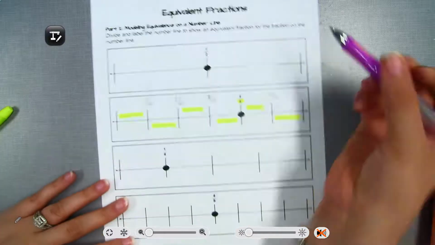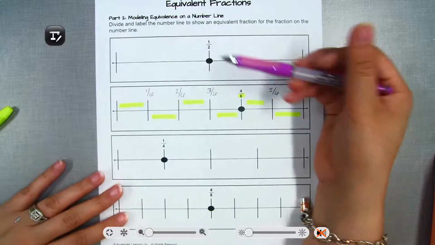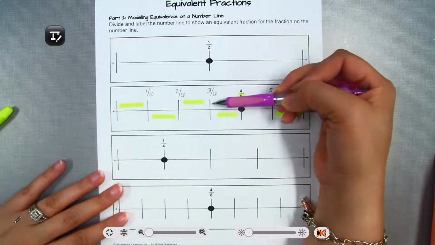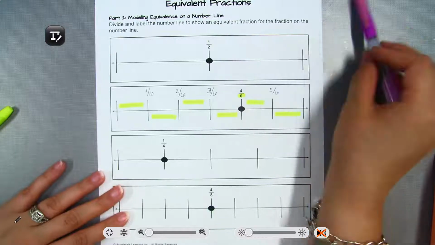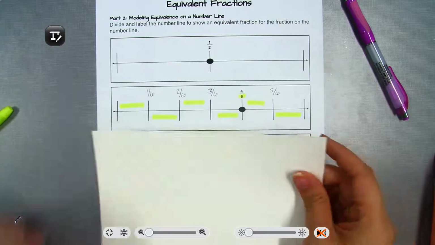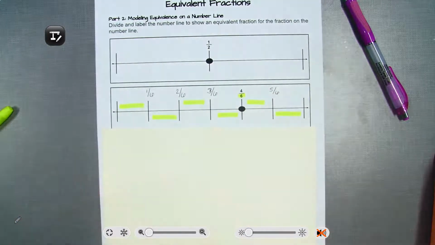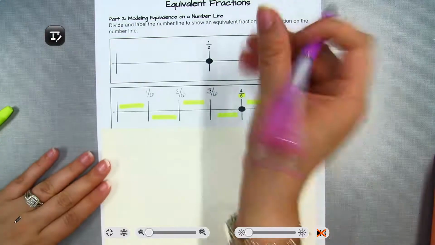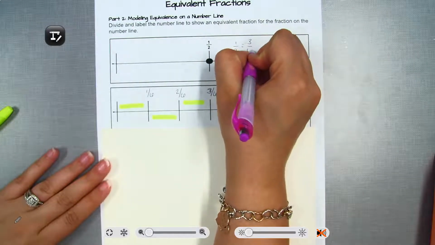And then if you notice, halves and sixths, 1/2 is equivalent to 3/6, because when you look at both of those, this line matches up. So we know that we can say 1/2 is equal to 3/6.